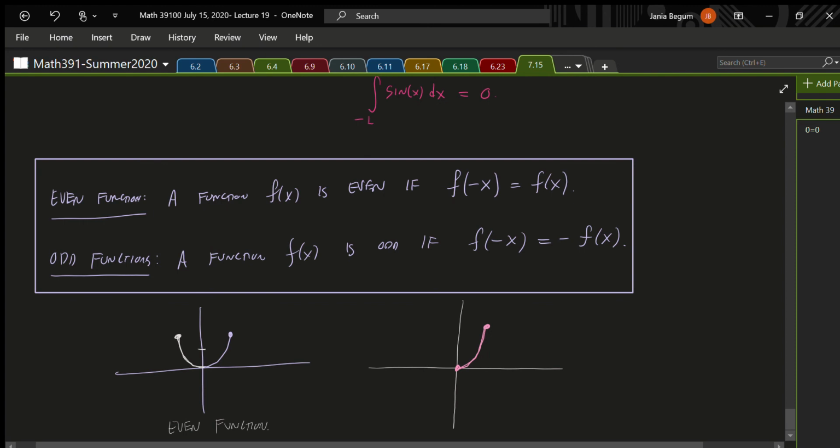So I want an odd function for this picture I have. If you plug in a negative x into f, you get negative f of x. So what it does is it rotates 180 degrees. That's what the graph would do. So another way to think of it is a reflection about the origin. Okay, so if you reflect this, that's an odd function.